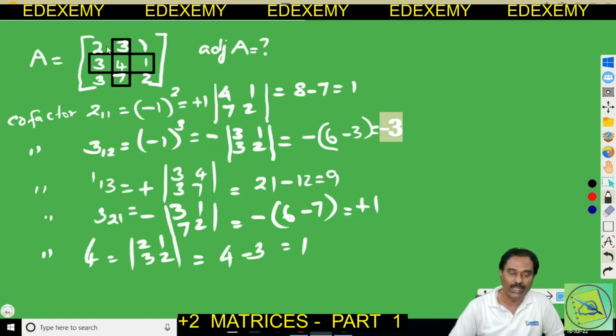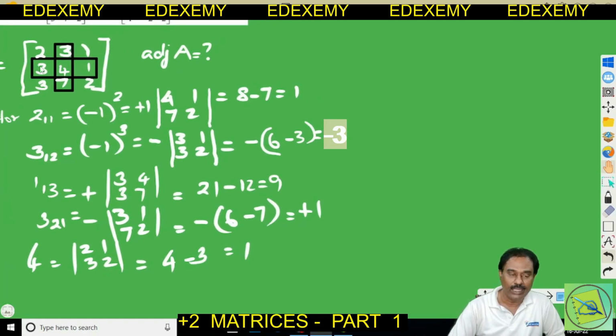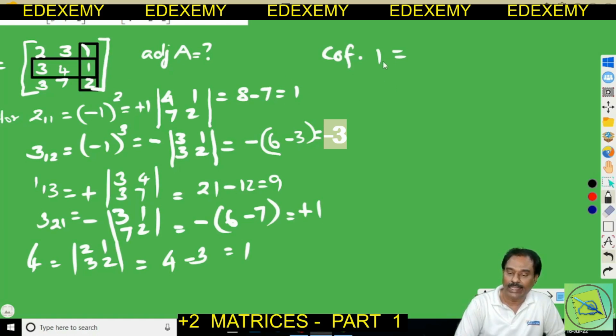So we will find the cofactor of the next number 1, which is in the second row, third column. So we will move this to here. Therefore, it is in the second row, third column. Therefore, the cofactor of 1 is equal to, previous one is positive, therefore this one is negative.